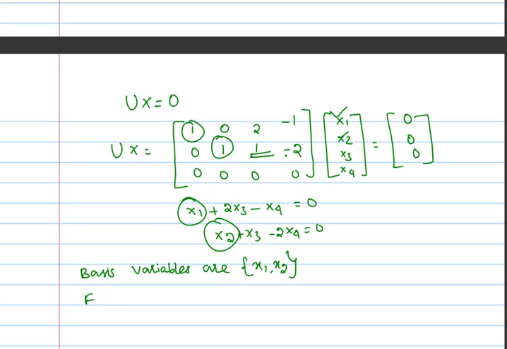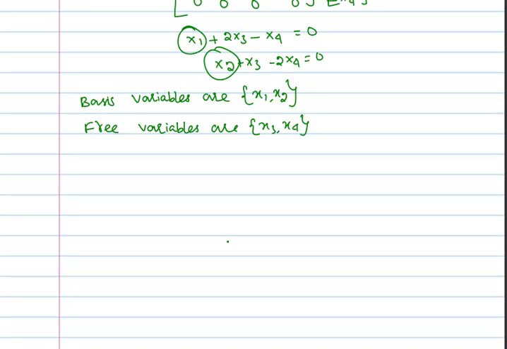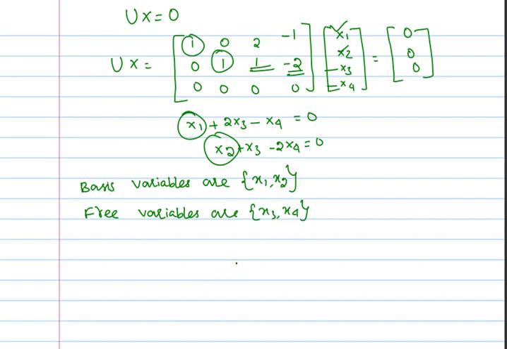So x3 and x4 are the free variables. Now I am going to solve this. You will get x2 equal to minus x3 plus 2 x4, correct?